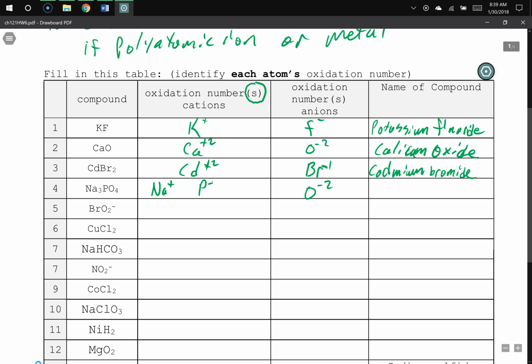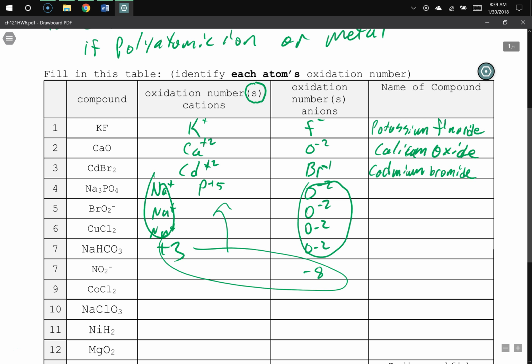This phosphorus is a +5 because I have all of this negativeness, which is a -8. And over here I have 3 sodiums, so this is a +3. I still need to cancel all of this out, so the phosphorus needs to be a +5 to make that happen.